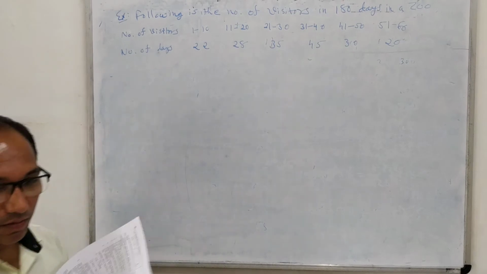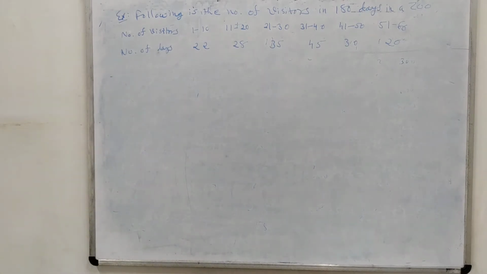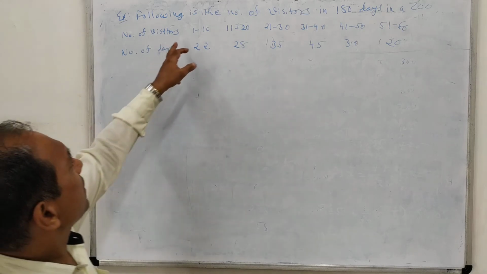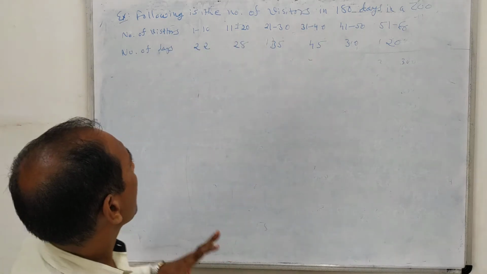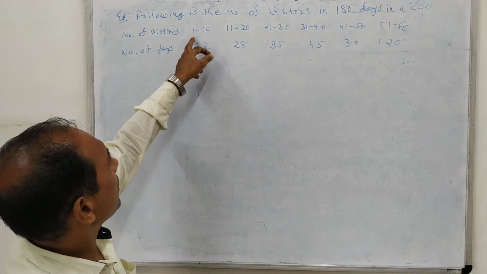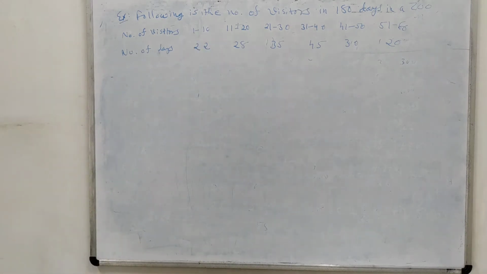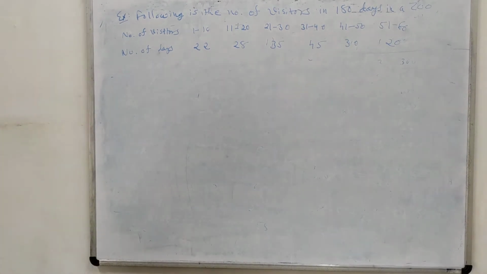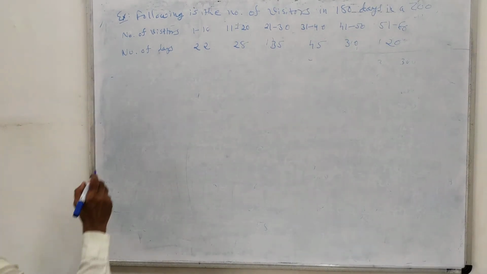So here you can also use the formula which we have used in the last two examples. But you can see here that the problem is given in classified form, and the length of each of the intervals is the same in this case. We consider this range as 10 because here 1 to 10 means 1 is also included. 11 to 20 means 11 is also included.